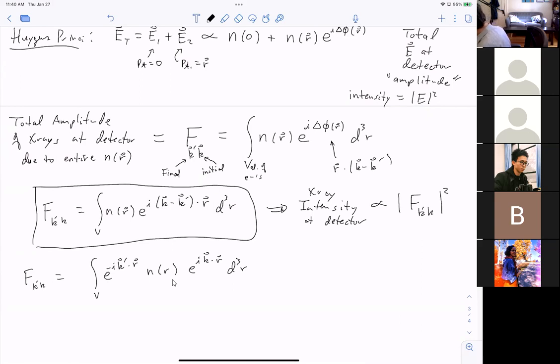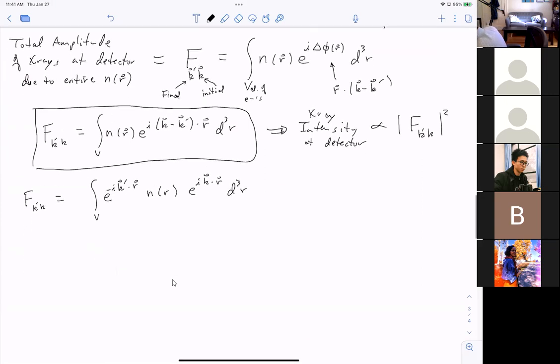And this is a really cute thing because I want you to notice that this has the same structure as in quantum mechanics, because in quantum mechanics we have this very similar problem where we say, hey, we have a potential V of R and we shoot in a particle with some wave vector K, and then it scatters into some angle defined by K prime, and we call this angle theta.